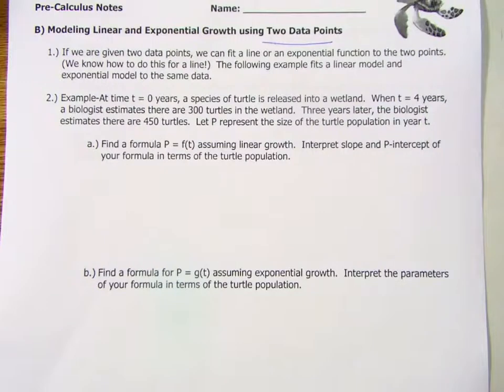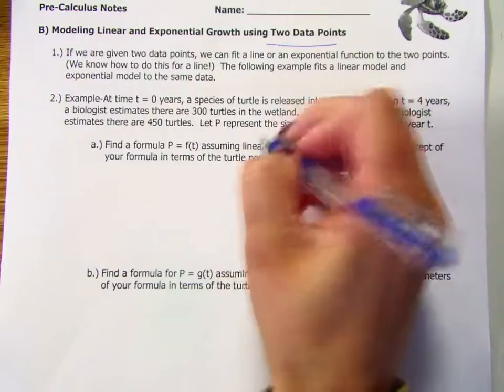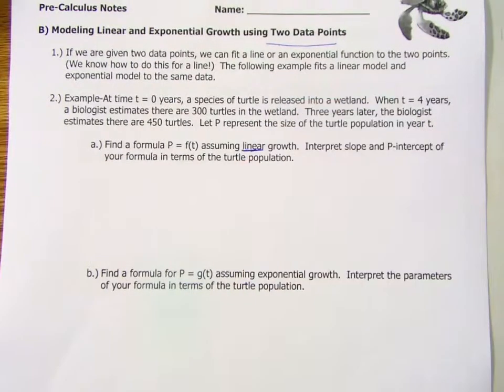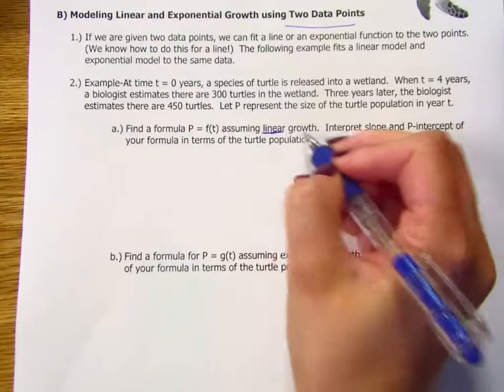So for part A, it says find a formula p equals f of t assuming linear growth. It's important that you really read carefully. Interpret the slope and the p-intercept of your formula in terms of the turtle population. So keep in mind, again, that we want a linear model.